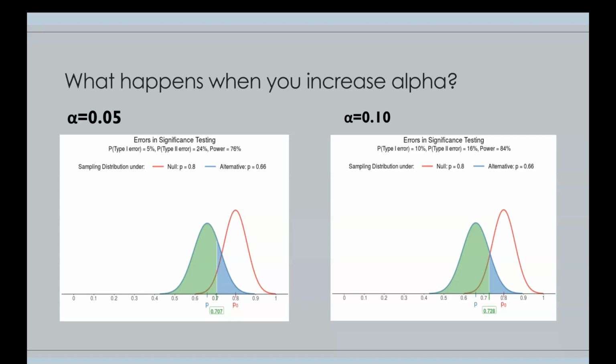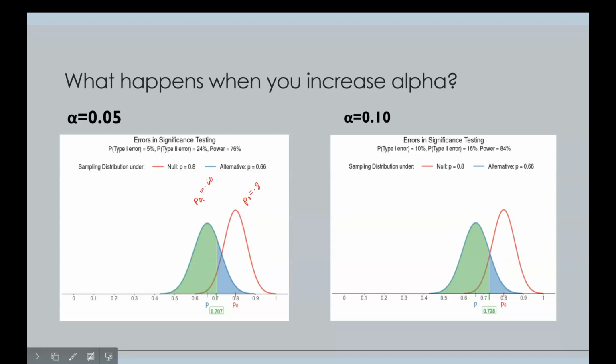My null hypothesis is 0.8, and the normal curve to the right represents the one developed from the null hypothesis, where p sub 0 is equal to 0.8. To the left is the one in the green and the blue. That represents the alternative hypothesis, so p sub a is 0.66.